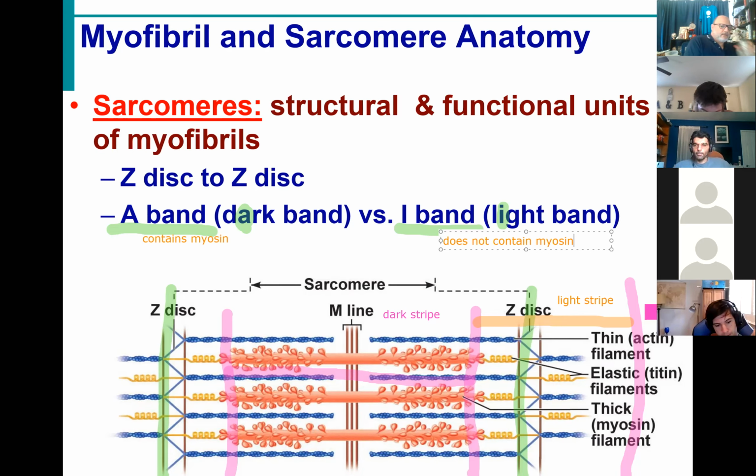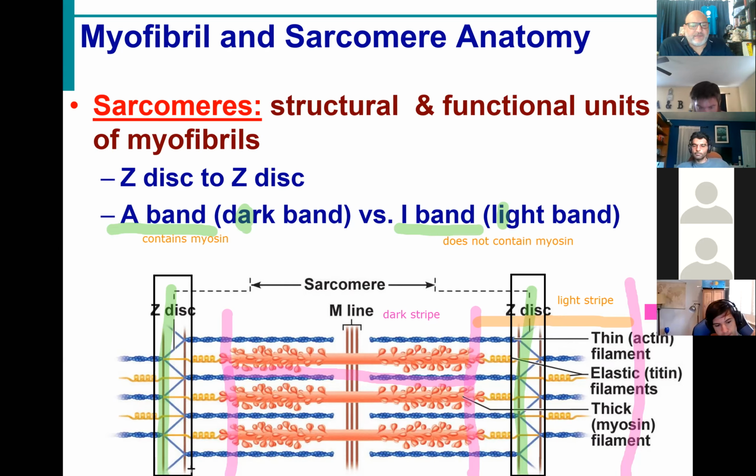Now notice, there is still more precision to our proteins here. Notice, as we have talked about, our Z discs are big, large proteins that form the boundaries of our sarcomere, and that's actually something that can be seen with a light microscope.